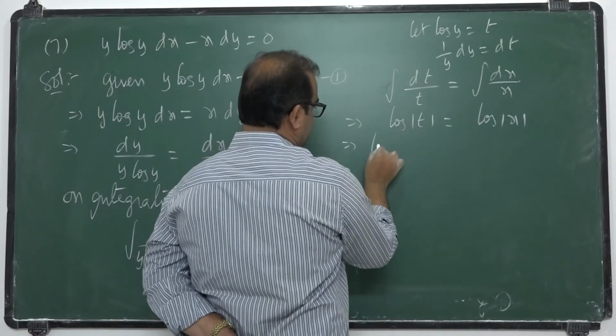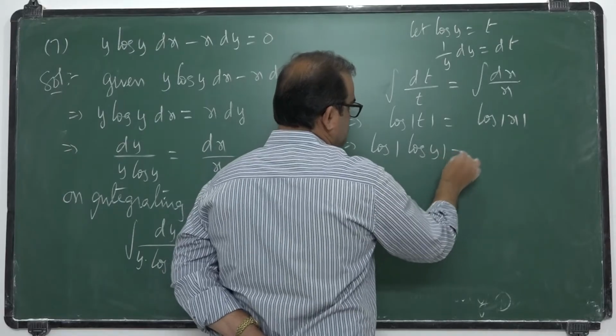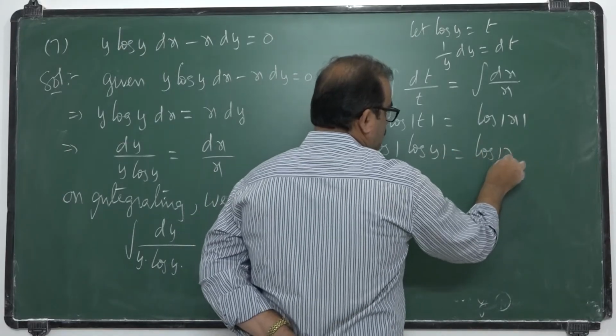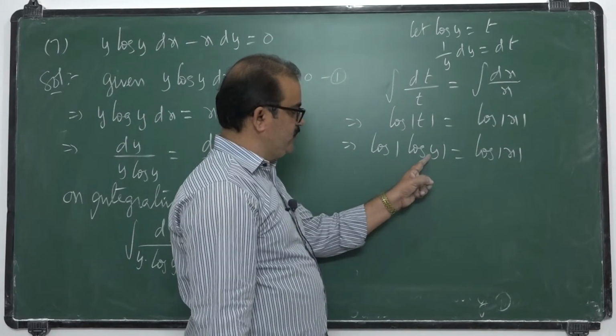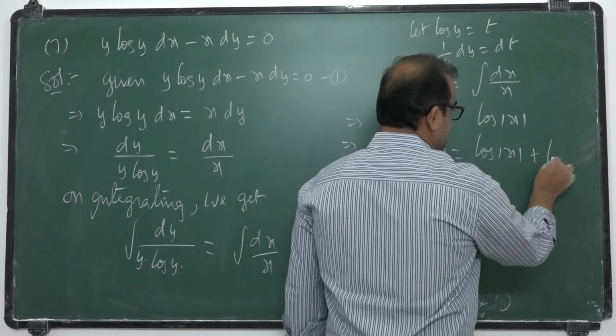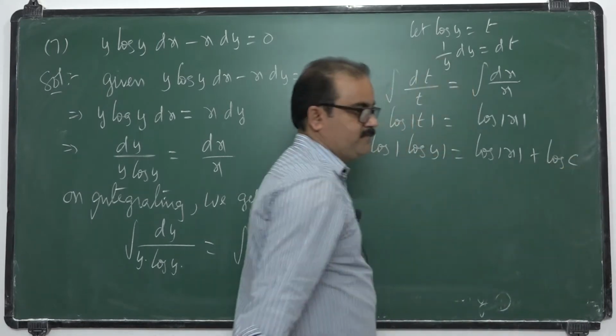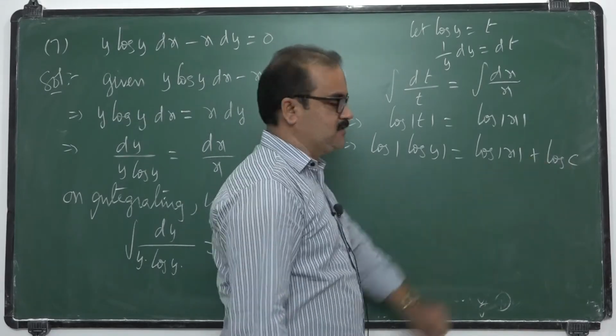But what is t? Log of log y is equal to log mod x. If the variable y is in logarithm, we write the constant as log c. We take the constant as log c.